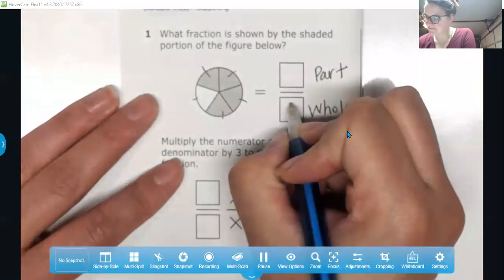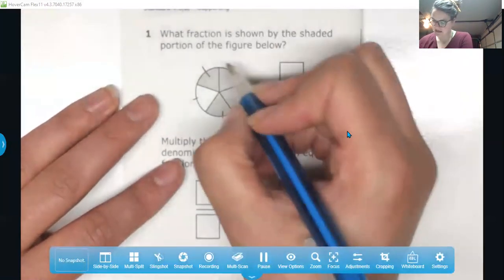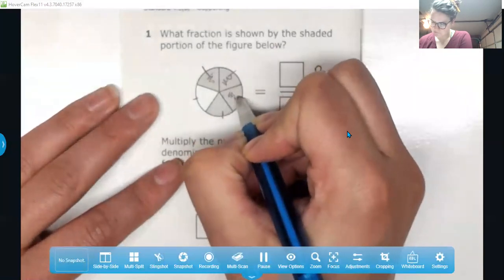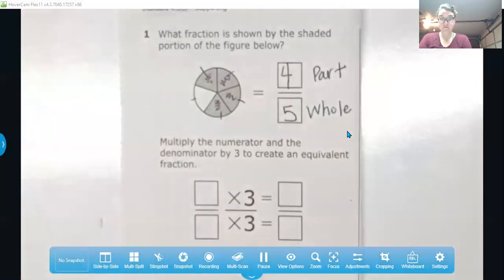I have counted 5 as my whole. Now we need to count the shaded. 4 is my part. So this figure is 4/5.